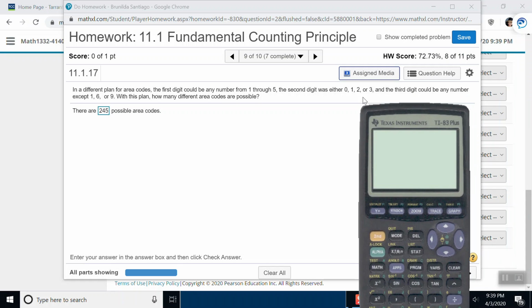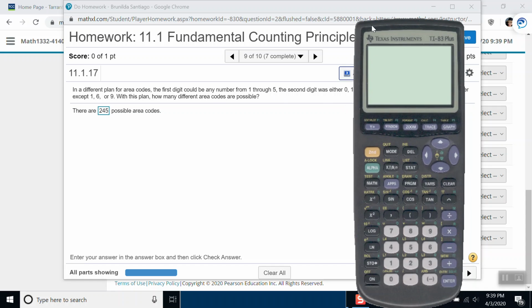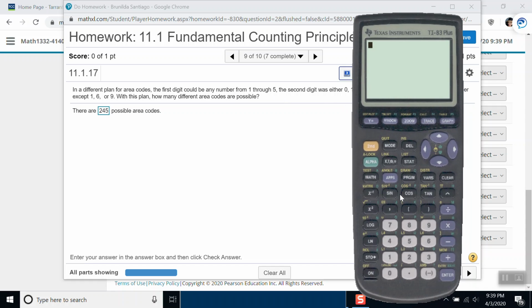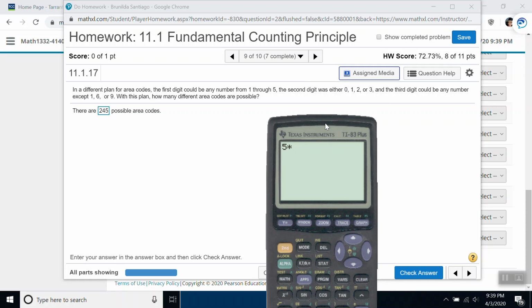So we're working with 3 numbers. The first digit could be any number from 1 through 5. So the first digit can be a 1, a 2, a 3, a 4, or a 5. So there are 5 choices for my first digit. The second digit was either a 0, a 1, a 2, or a 3.